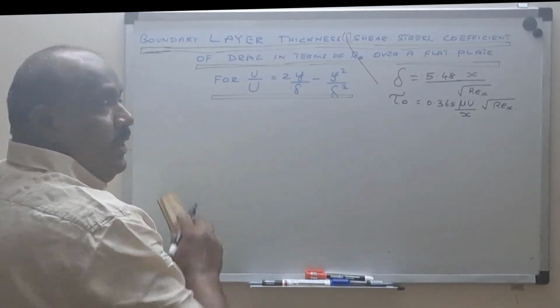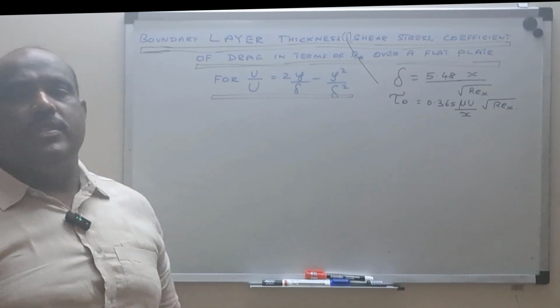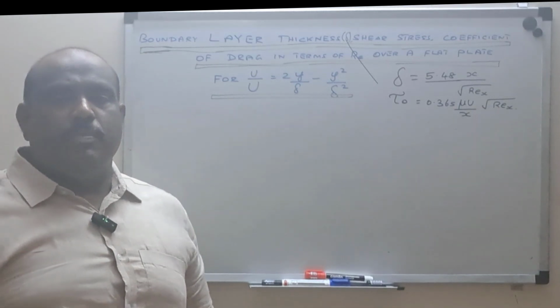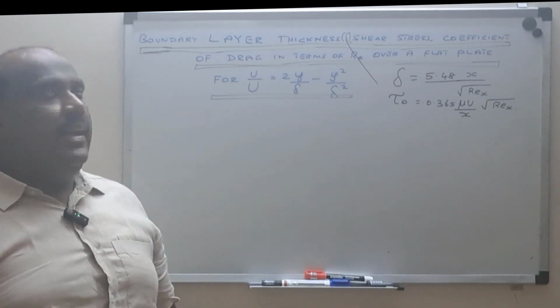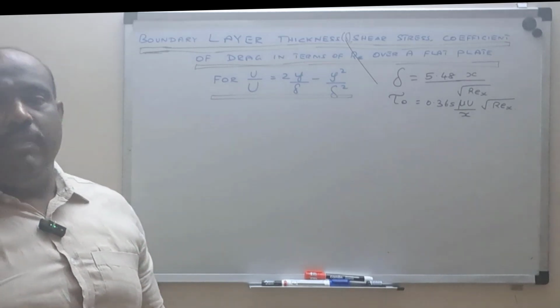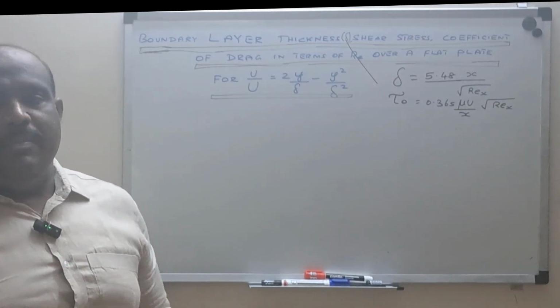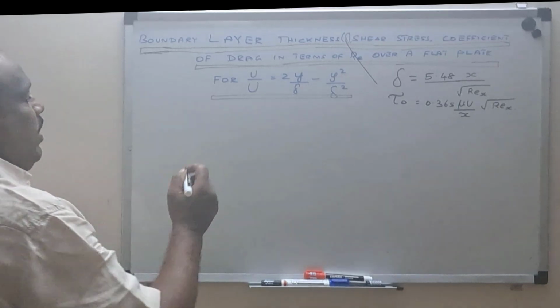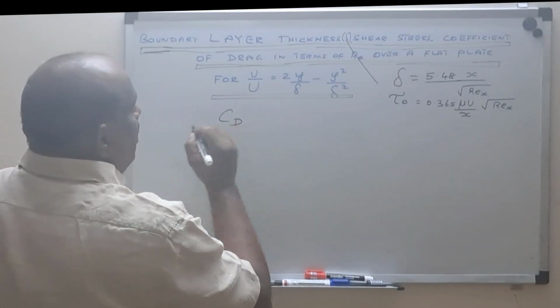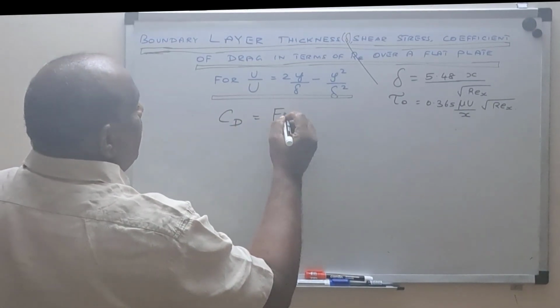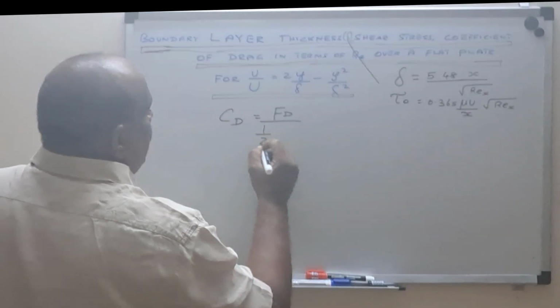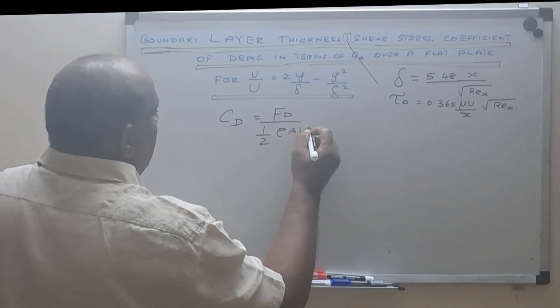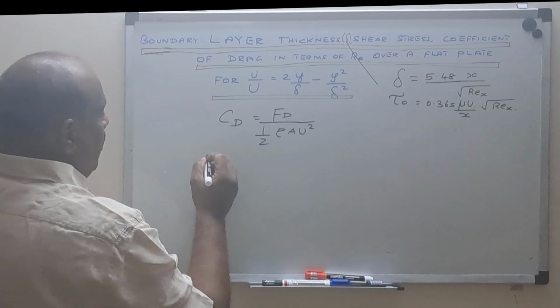Now let us go to the third part, where we want to arrive at the relationship between CD and the Reynolds number. CD is nothing but the coefficient of drag, and the Reynolds number, namely Re. Okay, fine. So what is CD? The coefficient of drag is given by Fd by half rho u squared. What is delta Fd?